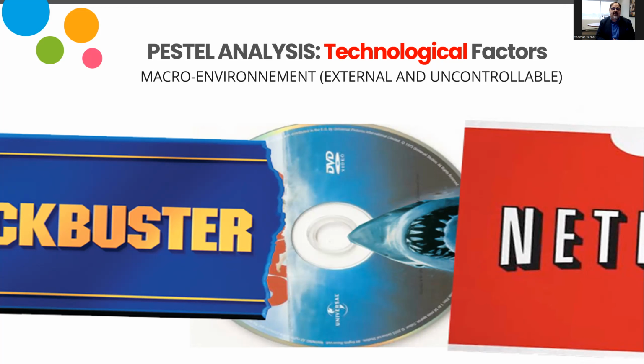Because it underestimated the growth of Netflix, but it mainly underestimated the technological change that allowed Netflix to go from a DVD mailing company to a streaming service, which, of course, many of you have guessed was 3G, 4G networks. So the advent of this technological change was an opportunity for some players, Netflix, and of course, a threat to those which had ignored looking a little bit further down the line.